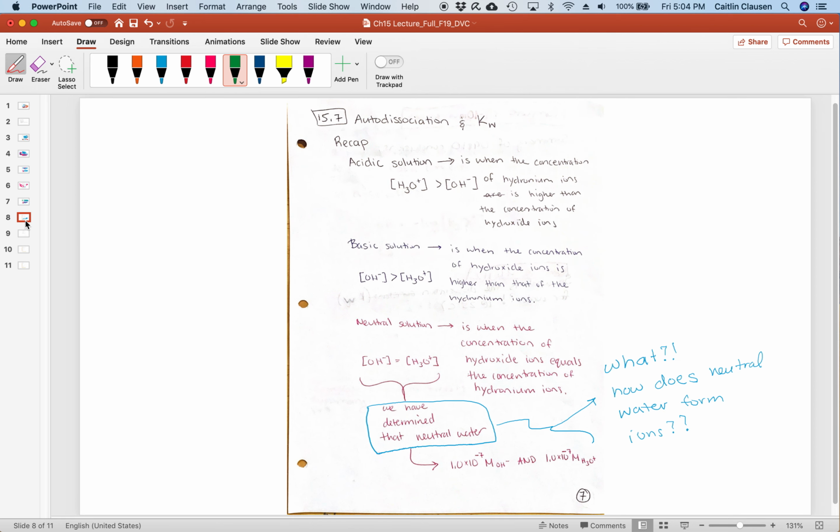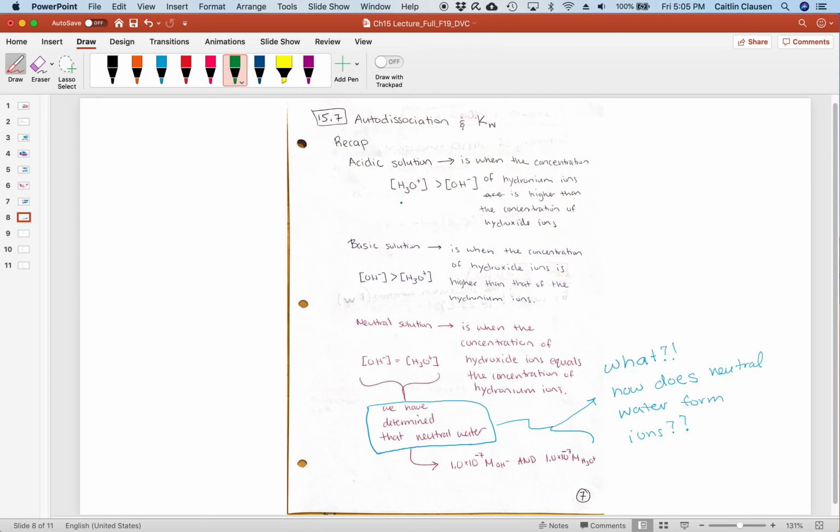We are going to move on to section 7, the auto dissociation and KW. So this is dealing specifically with water by itself. We're going to look at water and some neat properties that it has. So on this page, I'm just recapping what we currently know about water.